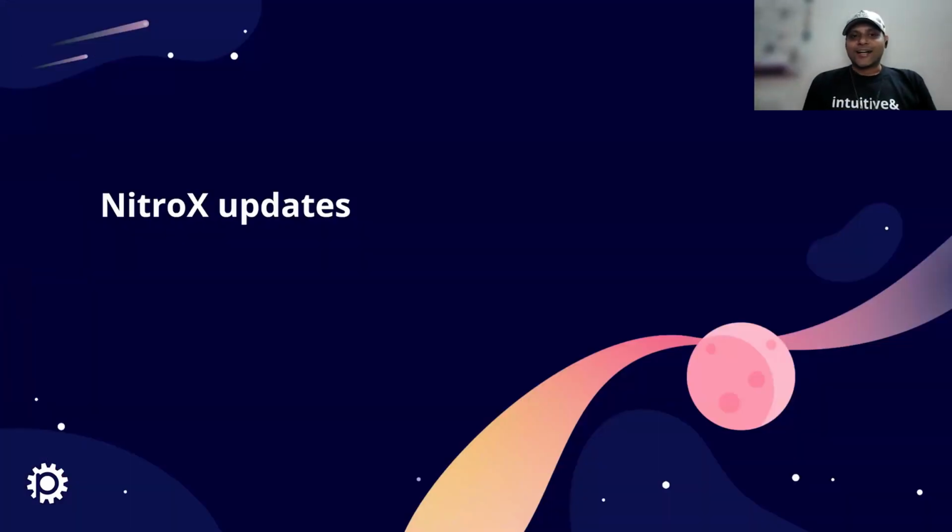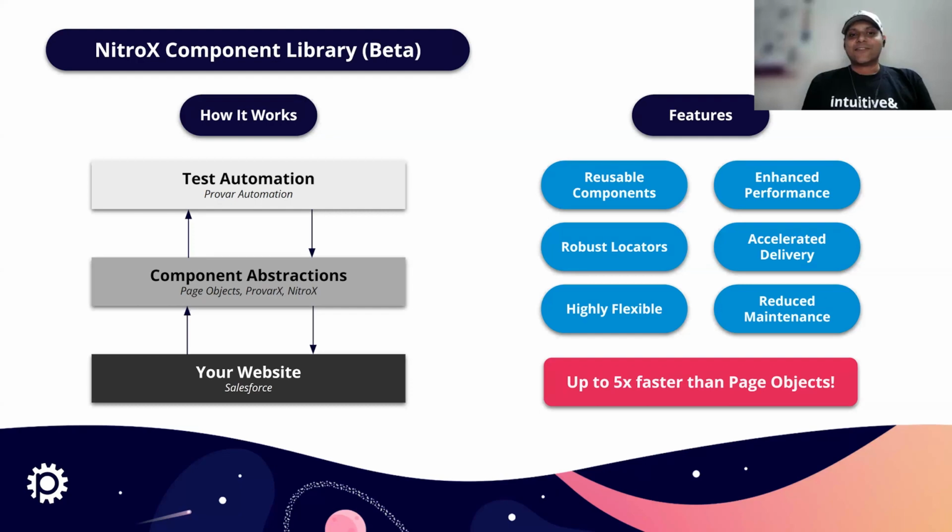Let's talk about NitroX. We've also made some very exciting updates to our NitroX offering. First and foremost, a quick refresher. As all of us know, NitroX is our component library. So rather than you building page objects, we provide you with a library of components to map a lot of LWC related elements on the UI.